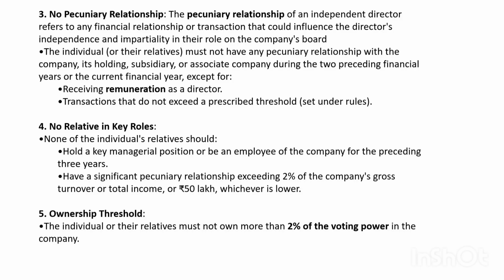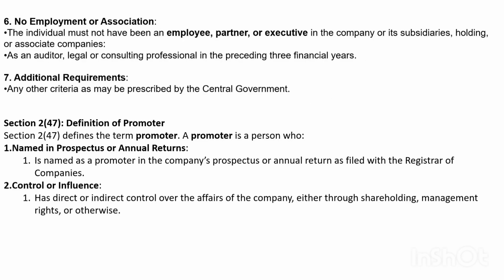The independent director must not own more than 2% of voting power in the company. The independent director must not be an employee or a partner or executive in the company or its subsidiaries or holding or associate companies.